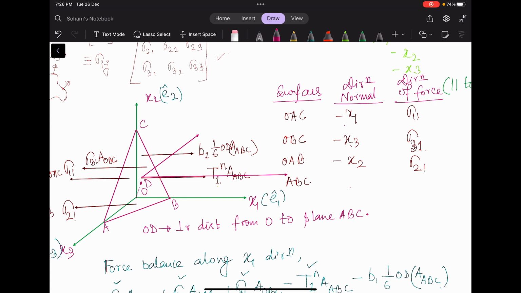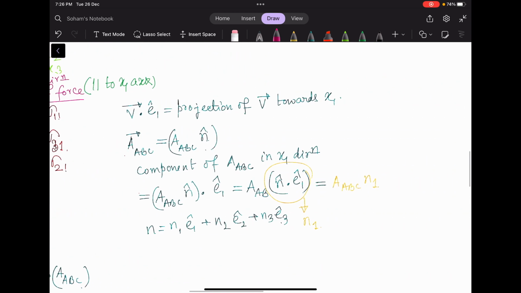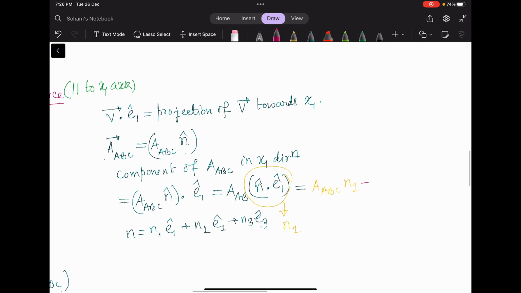In other words, if you shine a torch from this side onto area ABC, it will project an area on the plane given by the coordinate axes x2 and x3. So it will project an area equal to OAC. So essentially this area is area of OAC, right?